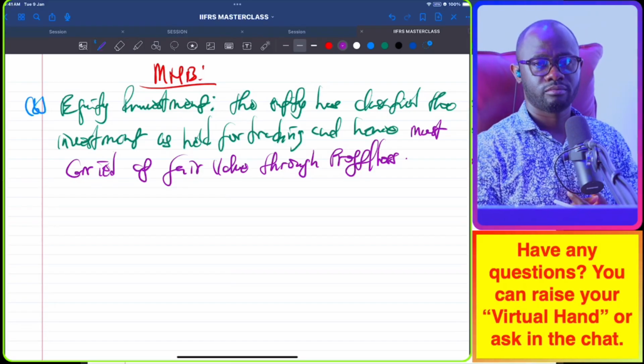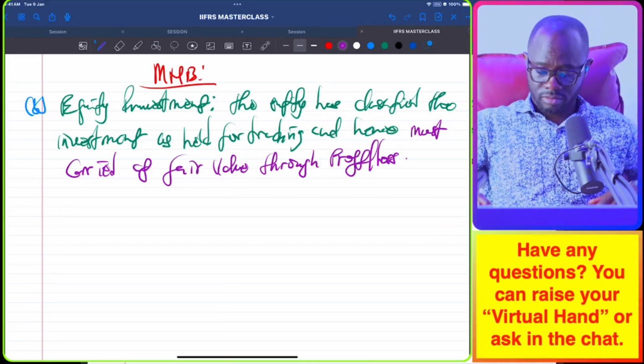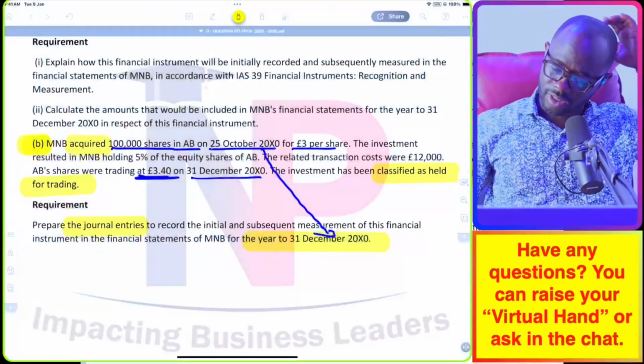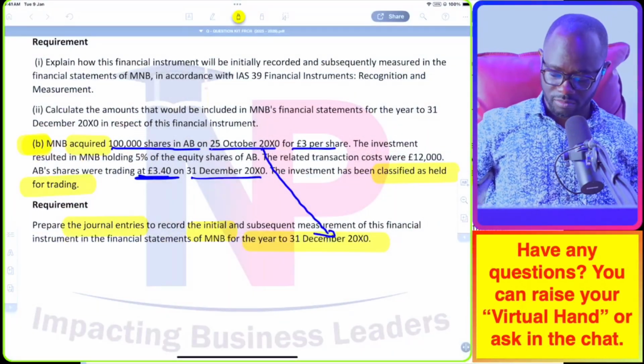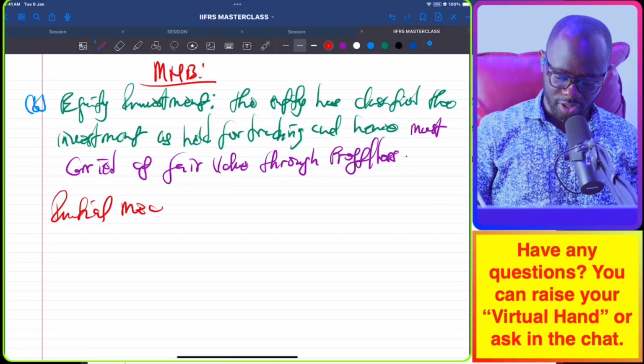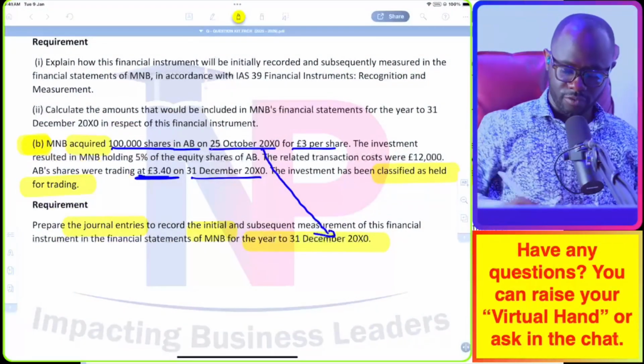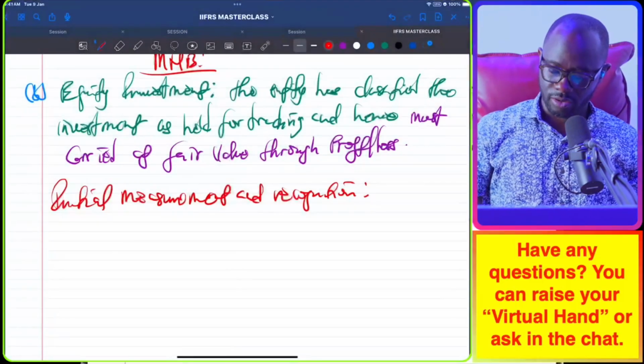Sounds good? Remember in the question, they said initial and subsequent measurement. So let's look at initial measurement and recognition, and that is on 25th October 20X0.